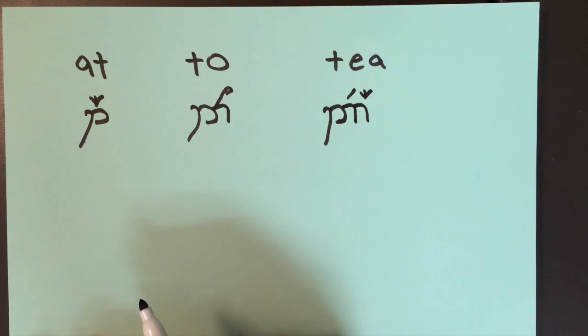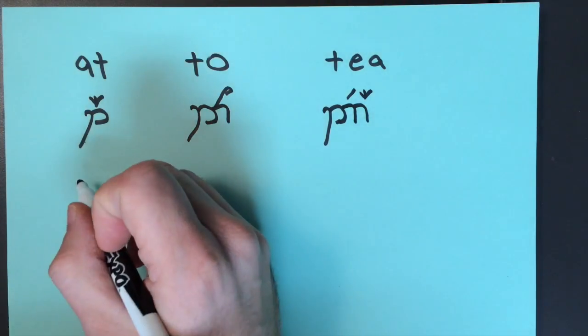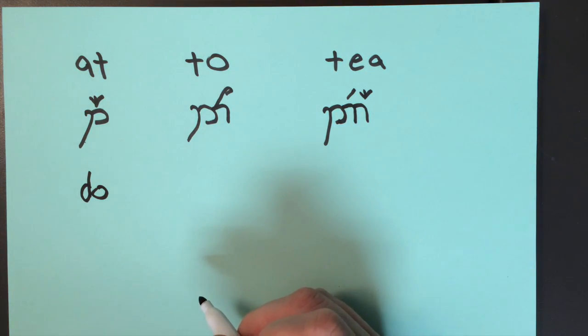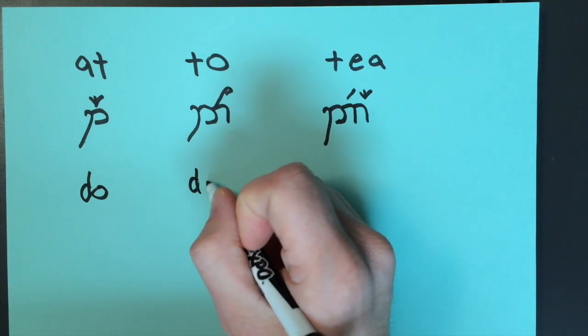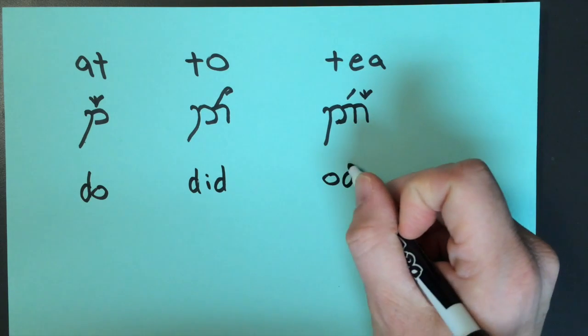The next set of words we're going to practice, we'll practice the D. So we're going to work on do, did, and odd.